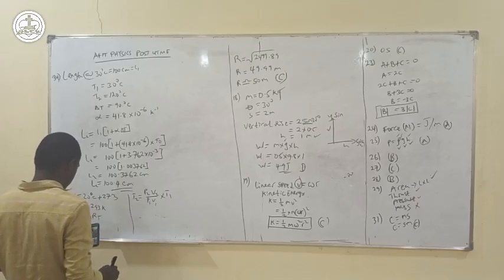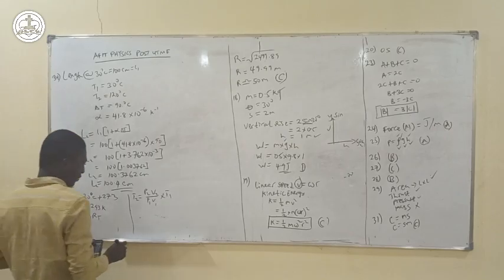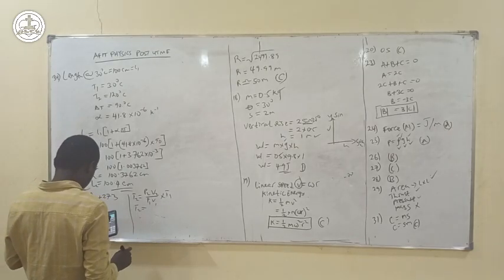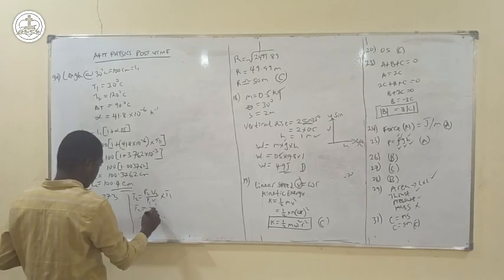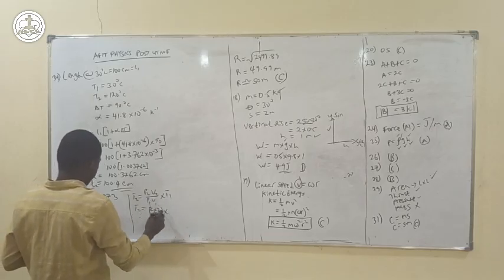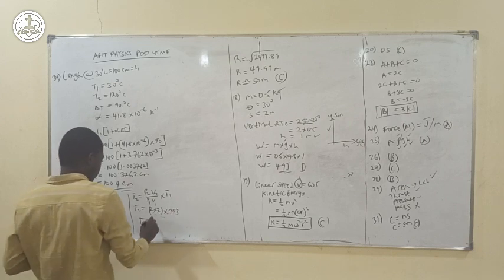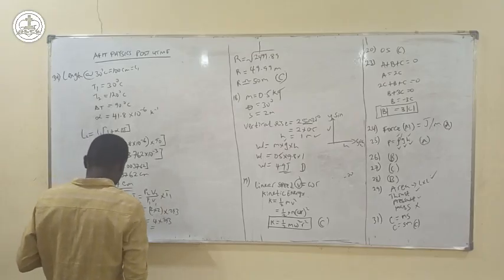This Tk is your T1. To find the second temperature, T2 is equal to 2 times 2 times 293. T2 is equal to 4 times 293. And what is 4 times 293?